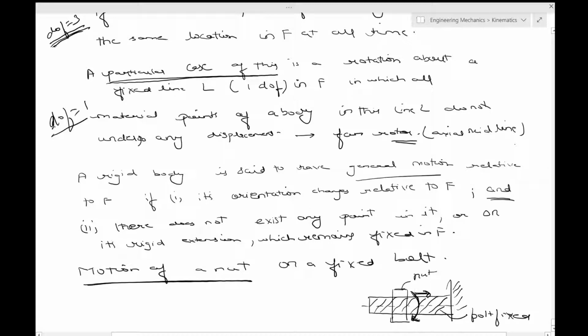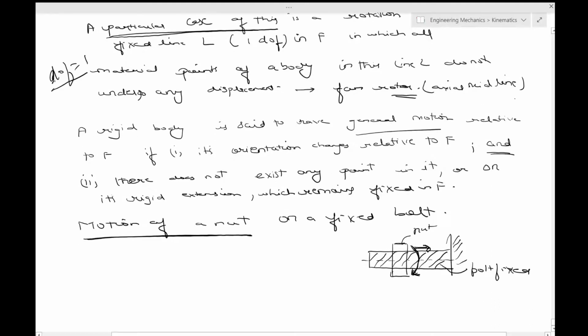So both of them cannot be identified either as a pure rotation or as a pure translation. That's why it's called a general motion. I hope you can clearly understand this.